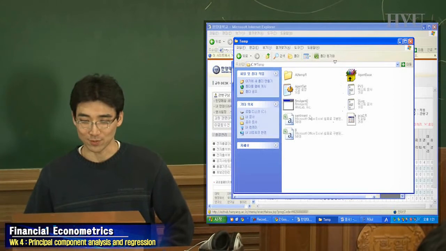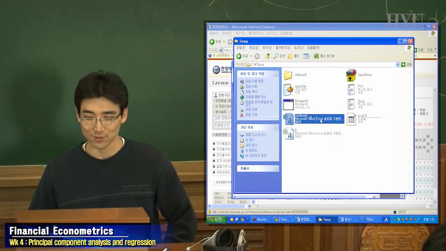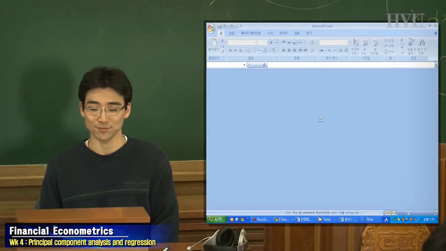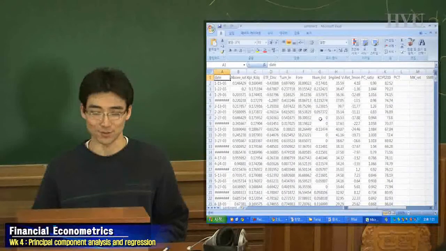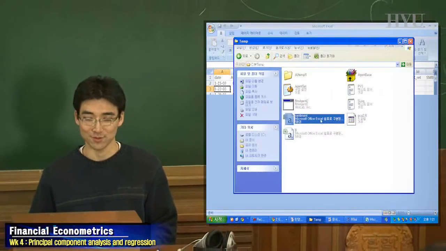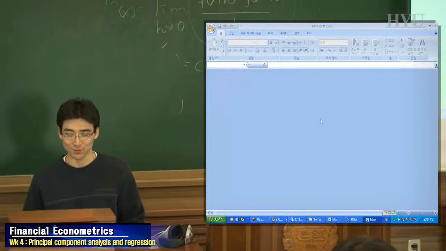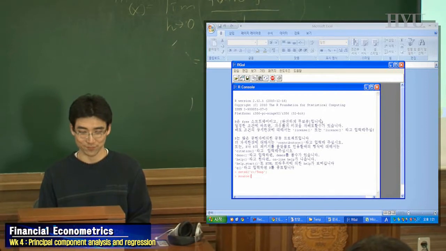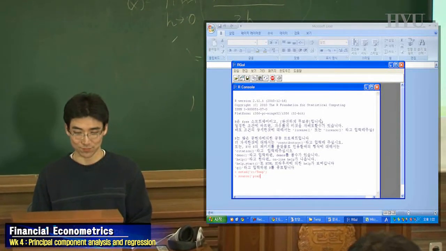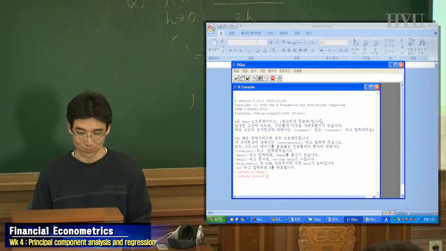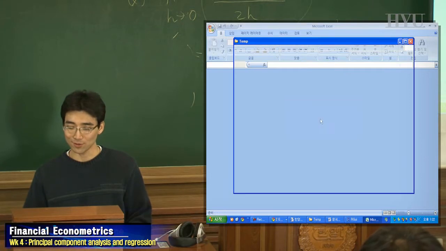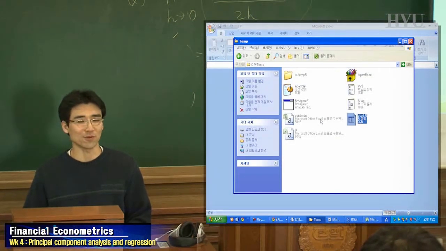And my code, this is my data. Let's check it. Okay. Yes. And this is my code. So, source. Last week I worked with princomp, and the output was different from what I thought.